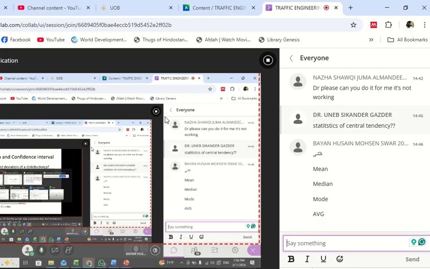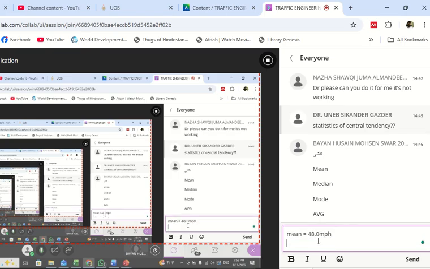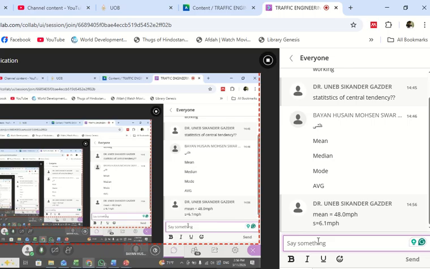Now in the previous example which we have done, our mean was 48.0 miles per hour and our standard deviation was 6.1 miles per hour, something around this. Maybe I made a mistake in some fractions, but doesn't matter. So if I want to calculate 95% of the center of the data, first I need the E value.